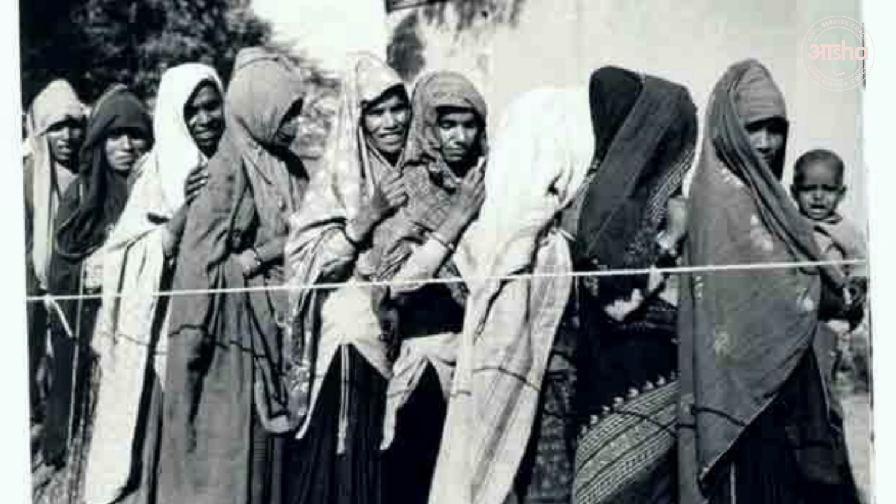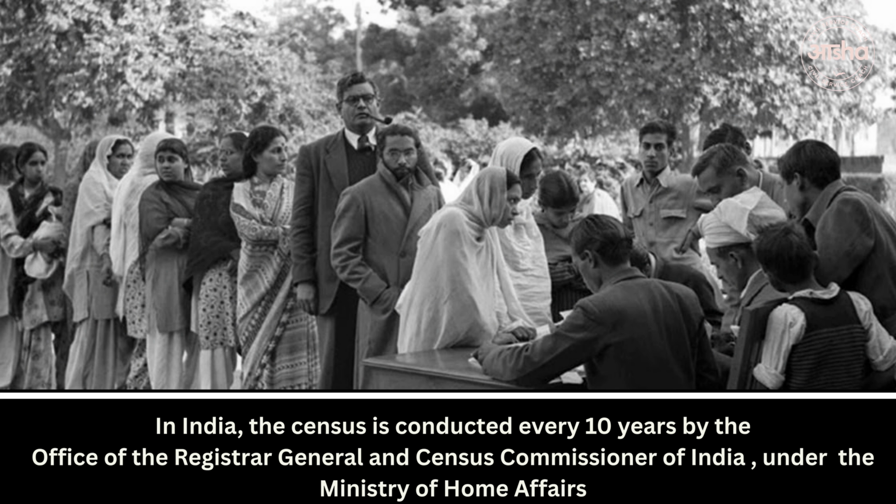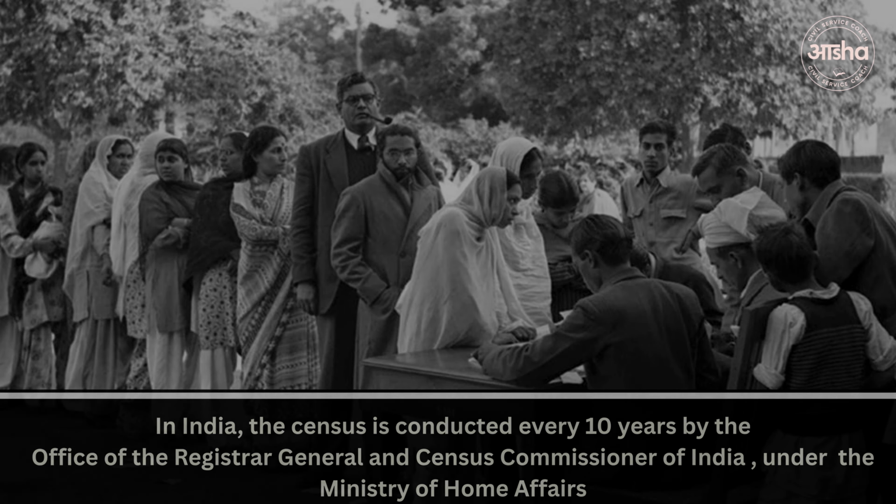As the population increases and India grows like a big family, the official counting of population, called the census, is conducted every 10 years. It includes population count, age, gender, literacy, occupation, religion, language, and many more.